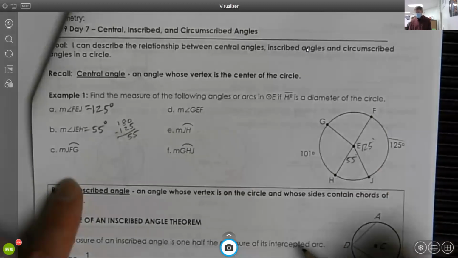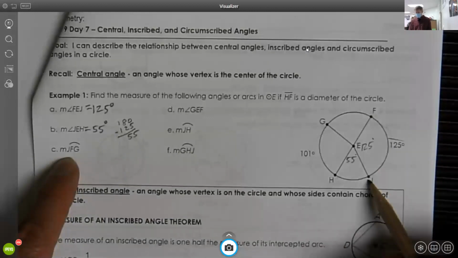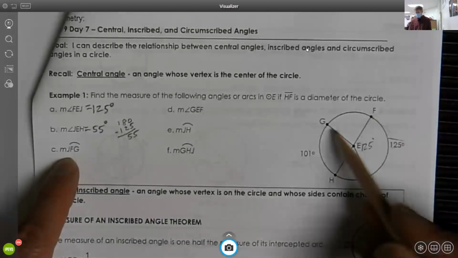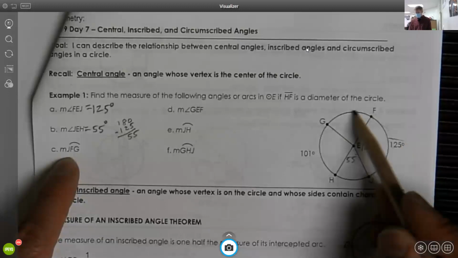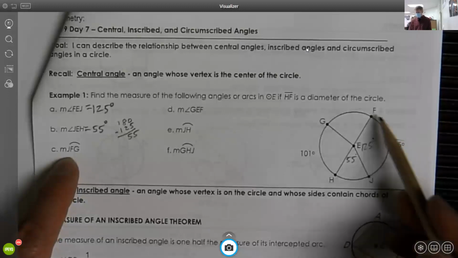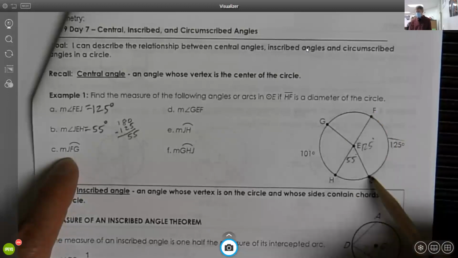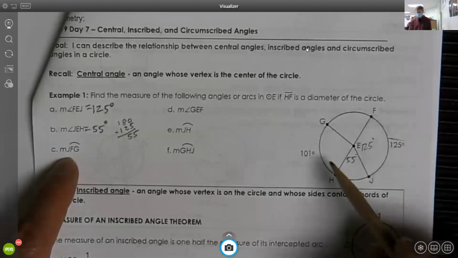Then we look at the measure of arc JFG, that looks like J to F to G. That is everything. That's 360, not counting 55 or 101.